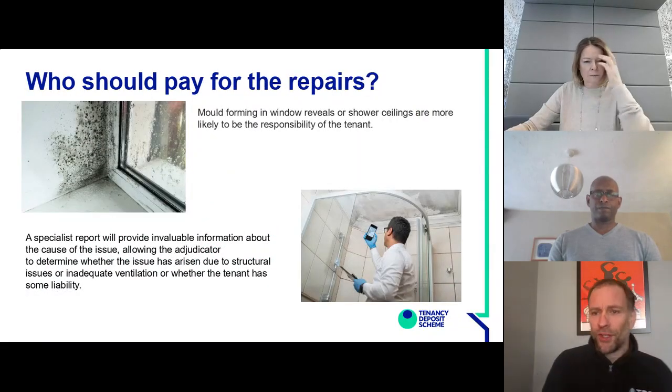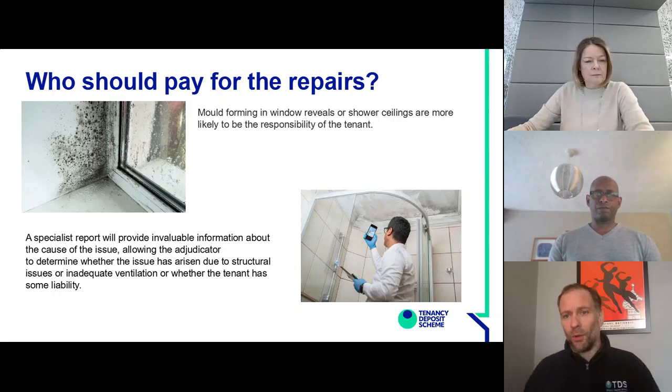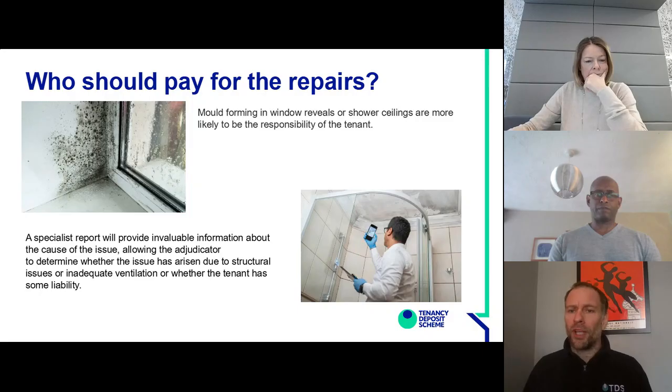So who's going to pay for the cost of these repairs as a result of the mold and damage? As an adjudicator, I'm often being asked to determine this because I will have that check-in report which shows no mold or damp, and then a checkout report which shows quite an extensive problem. Now, if the mold and damp is relatively minor, if we're talking about mold spots around window reveals like in the photograph there, or maybe on a shower or bathroom ceiling, then on the face of it, on balance, that's probably because the tenant didn't ventilate the property well enough, didn't wipe away moisture, failed to do the reasonable things expected of a tenant.